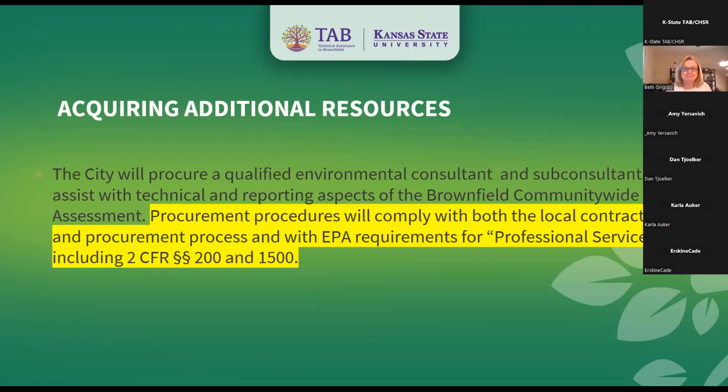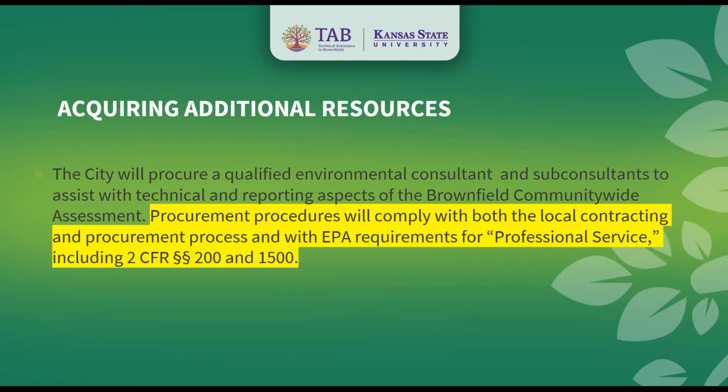And Beth, do you want to? I just wanted to mention that Carla had added the federal procurement guidelines for brownfields. That's one of our resource items. Take a close look at that. You may want to change some of your wording on your procurement. Yes, there are some new procurement guidelines.